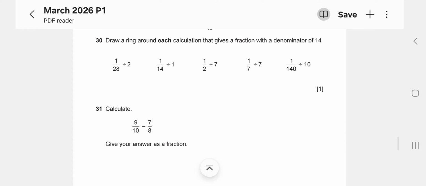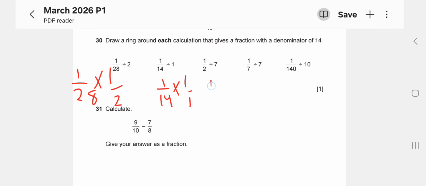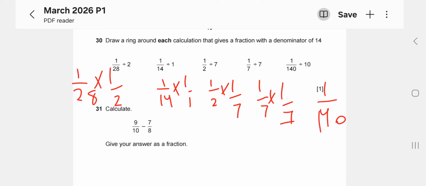I want to have an answer with denominator of 14. So 1 over 28 times a half, 1 over 14 times 1 over 1, a half times 1 over 7, 1 over 7 times 1 over 7, 1 over 140 times 1 over 10.